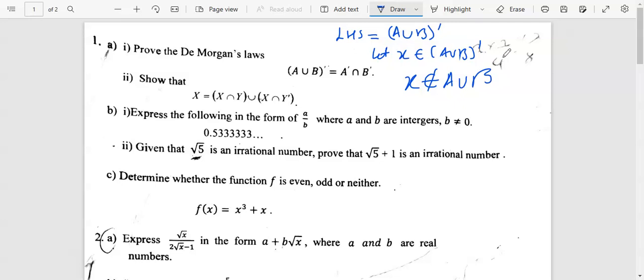Like if it is a member of the complement, obviously it's not going to be a member of A union B.